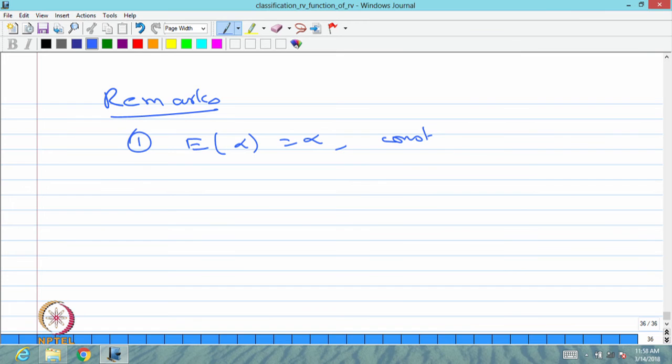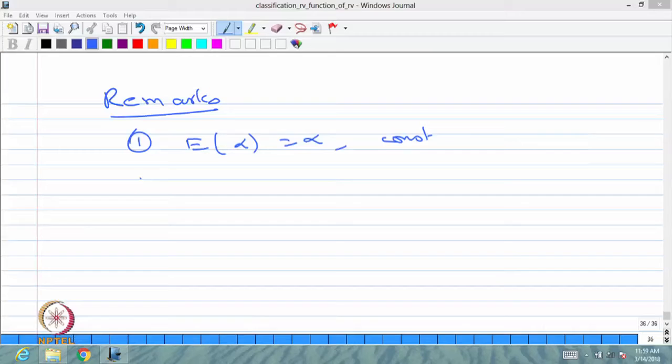This result can be proved easily. You can treat a constant as a random variable whose probability is 1, taking only that value. Therefore, the expectation of a constant is nothing but the constant times the probability that x takes the value of the constant, that is 1. So, 1 into alpha, therefore, it is alpha. It can be proved easily.